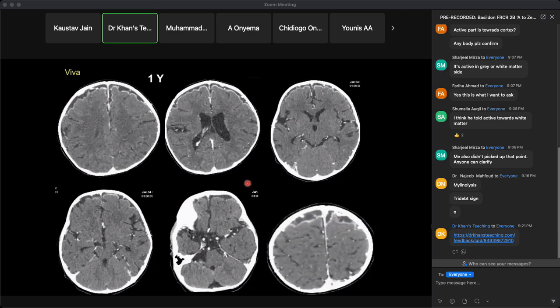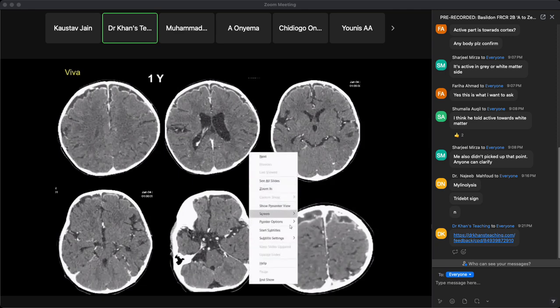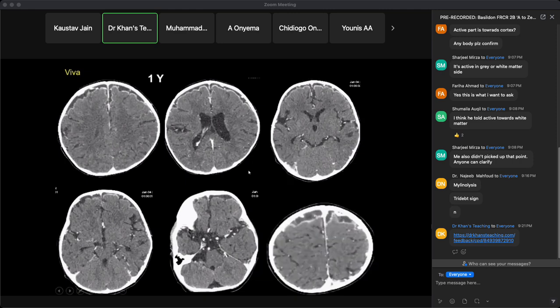The enhancement follows the gyral surface, so I feel that this is more of a leptomeningeal enhancement rather than a pachymeningeal enhancement. Excellent. So what is your conclusion? So diffuse leptomeningeal enhancement, and in a patient that's got a fever and is unwell, infection as a cause of that. Right.